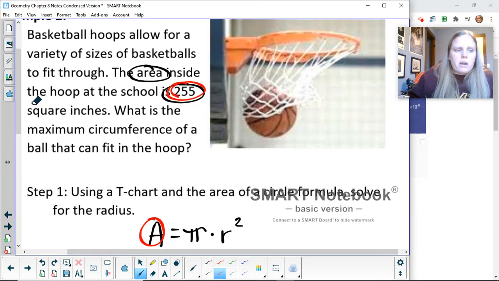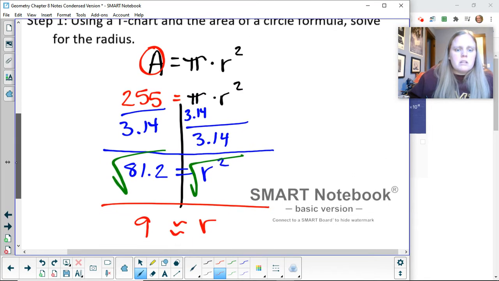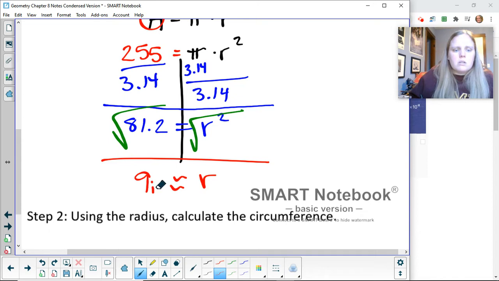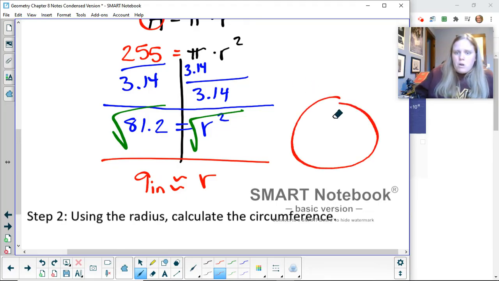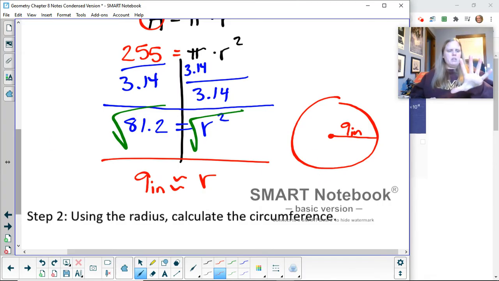This was in square inches, so that means the radius here would be inches. 9 inch. I have no idea what the diameter of an actual basketball is, but this is the radius. So imagine your basketball from the center straight out. That's a 9-inch radius. That seems pretty big to me. I think about my hand size.